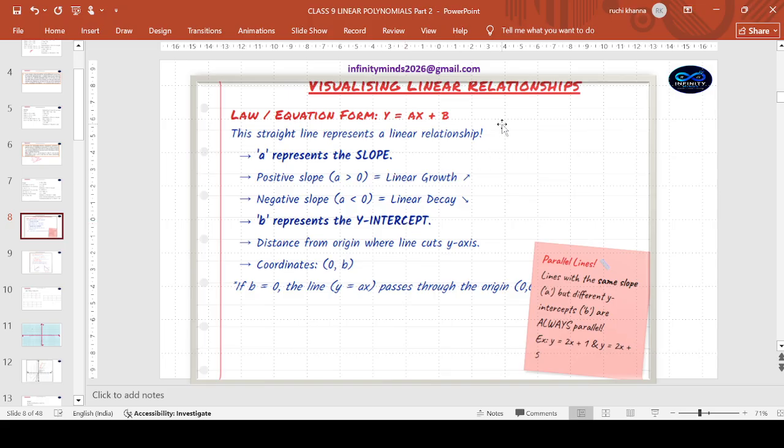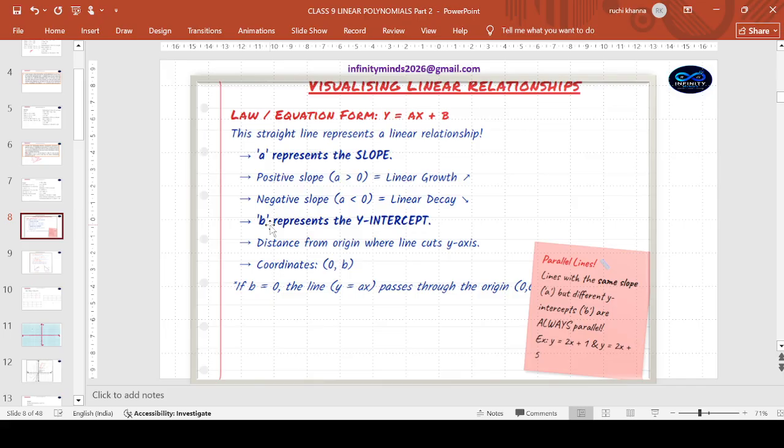It's either a growth representation or a decay, where things are declining like depreciation, or it's a growth in something, of which we had done a couple of examples. I don't need to repeat the pocket money or growth of the plant and so on. Quickly I repeat concepts so that you learn within the class. A is your slope, positive or negative, linear growth or linear decay, negative slope, decay, and so on.